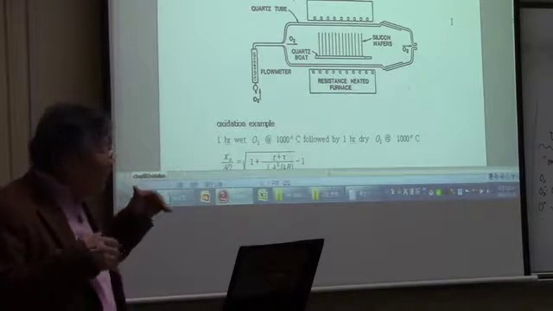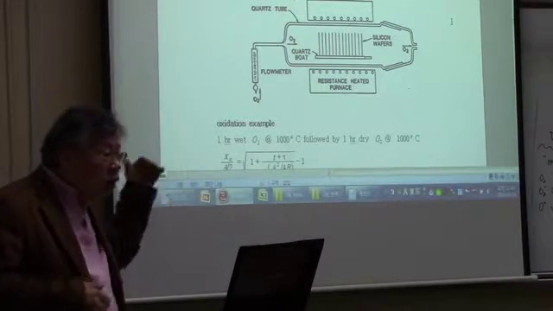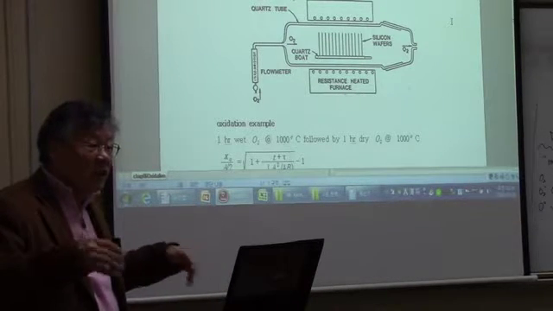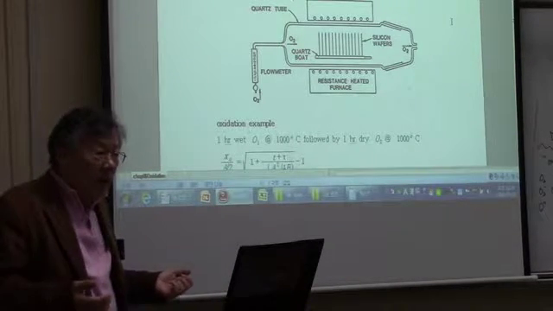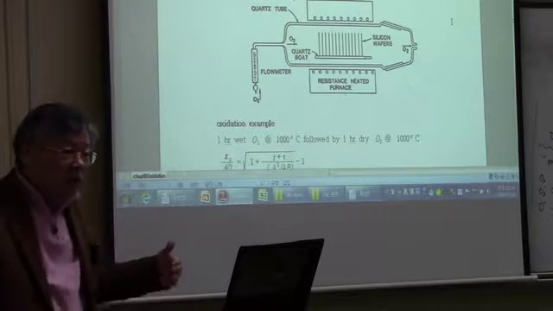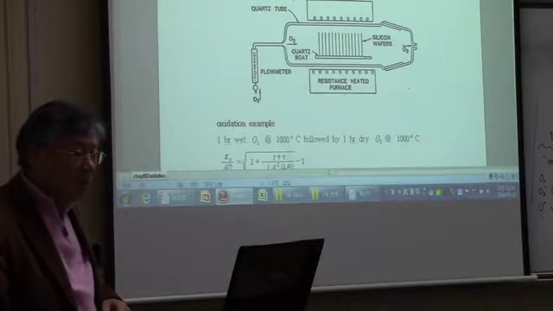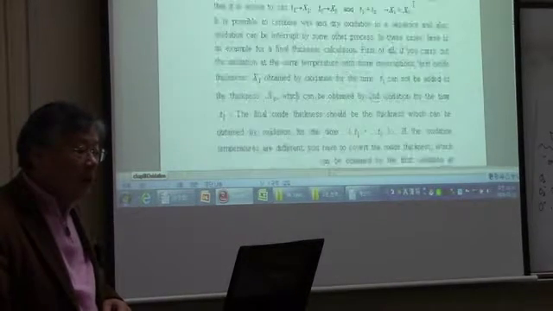Then the time necessary to load the 100 or 200 wafers has to be taken into account. Otherwise, you are going to have a different thickness of the oxide. Okay, so it is not a simple process at all in mass production industries.